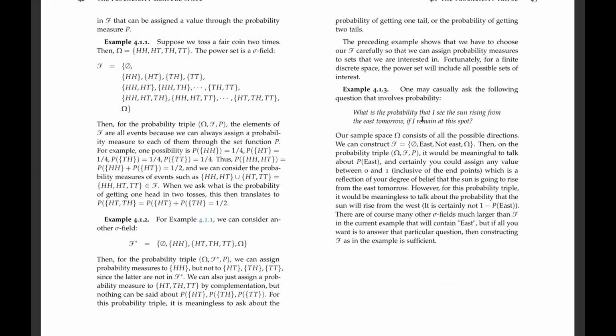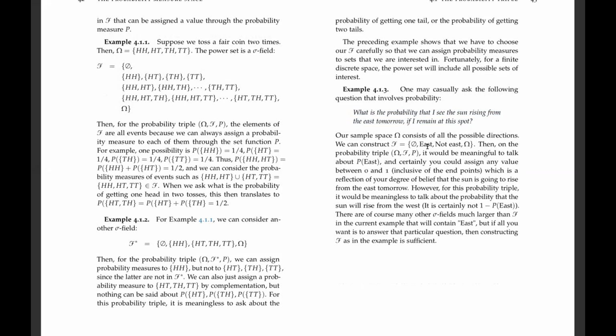So for this question, if you want to answer it, of course, you just need to construct your F in such a way that it allows you to answer this question.